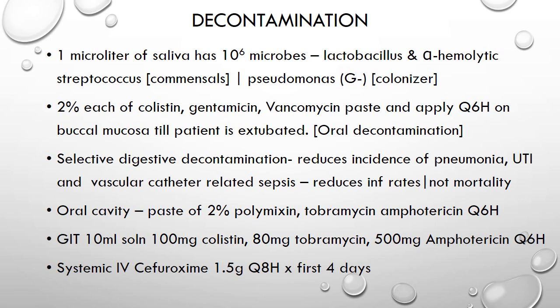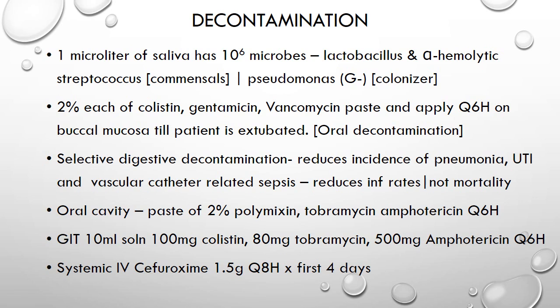Whereas a digestive decontamination can be done to reduce the incidence of pneumonia, UTI, and vascular catheter related sepsis. Remember that this reduces infection rates and not mortality. Here a paste of 2% polymyxin, tobramycin and amphotericin is applied every 6 hours in the oral cavity, whereas for the GIT, a solution of colistin, tobramycin and amphotericin is instilled every 6 hours.